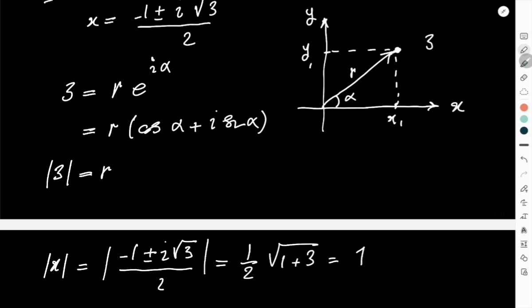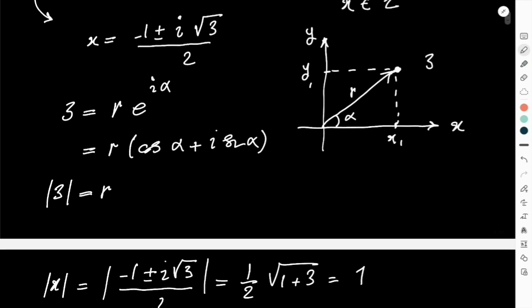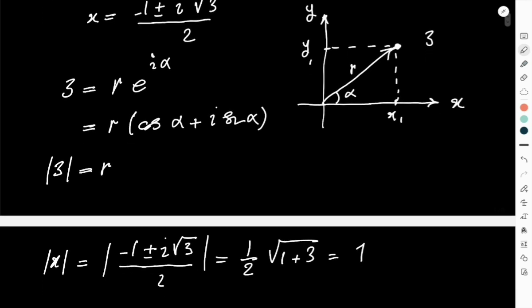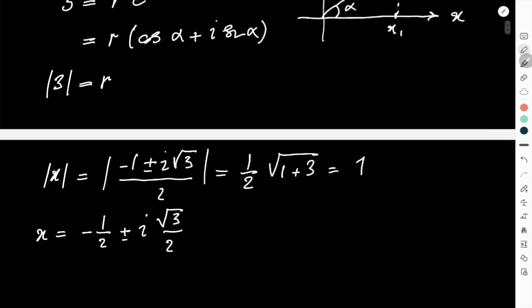So in other words, the absolute value of x is 1. And if you want to find alpha, so let's write x again, expand it. It's minus 1 over 2 plus minus i square root of 3 over 2. So what alpha do you know which gives you these numbers?